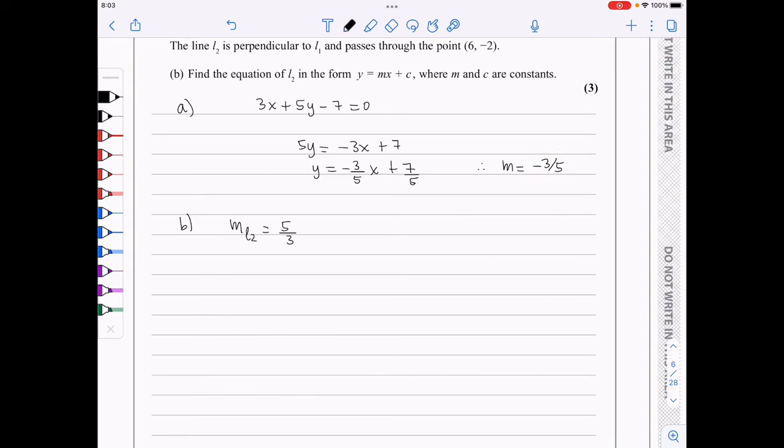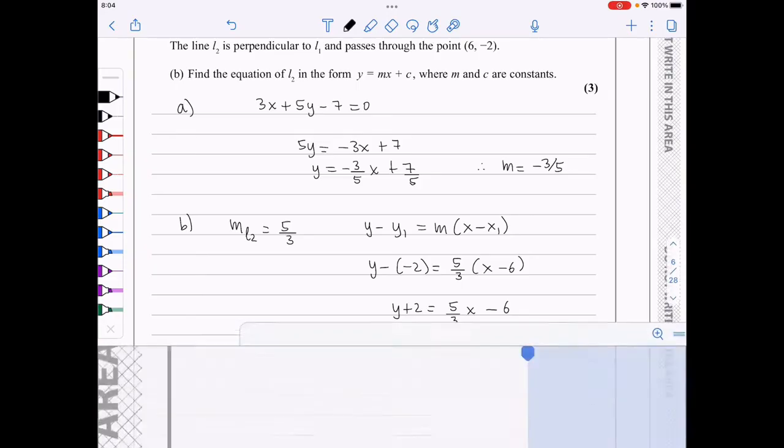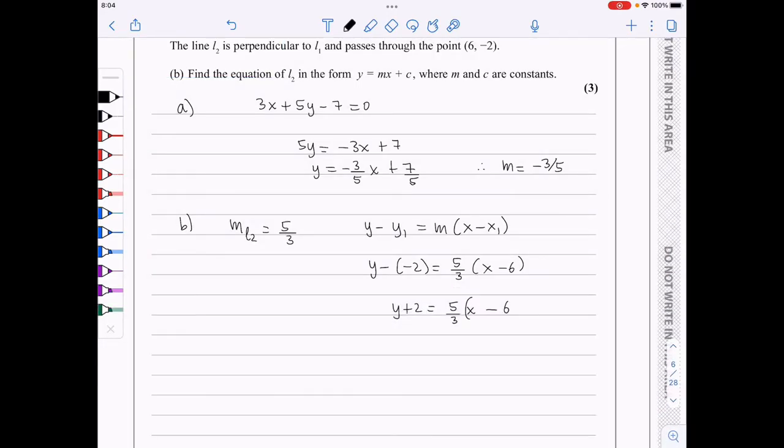And then in order to find the equation of the straight line, I'm using that y minus y1 is m times x minus x1. So y minus minus 2 is 5 over 3 times x minus 6. This means that y plus 2 is 5 over 3 times x minus 6, like that.